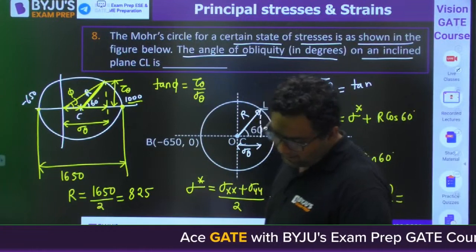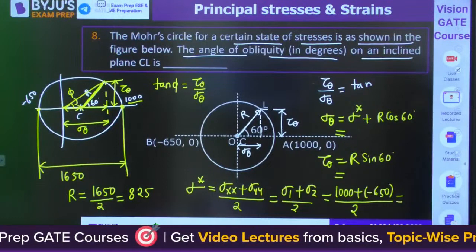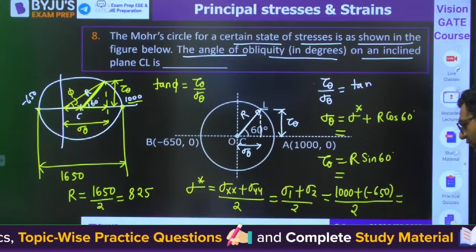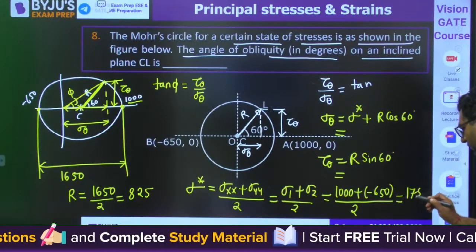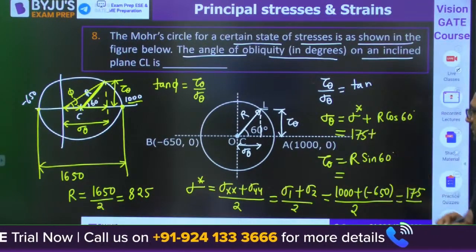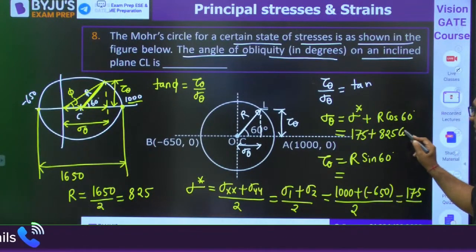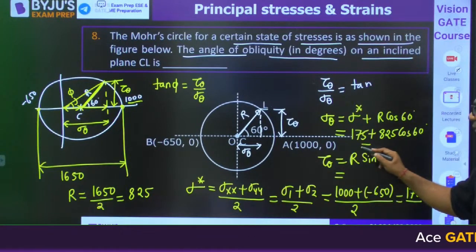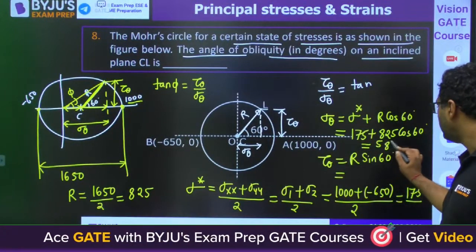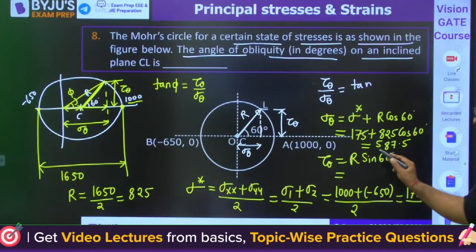So you will get sigma theta. First of all, tell me the value of sigma theta, guys. What is the value of sigma theta? 1000 minus 650 will be 350 by 2, 175. What will be 175 plus radius 825 cos 60? What is sigma star? 587.5. Sigma theta is 587.5.